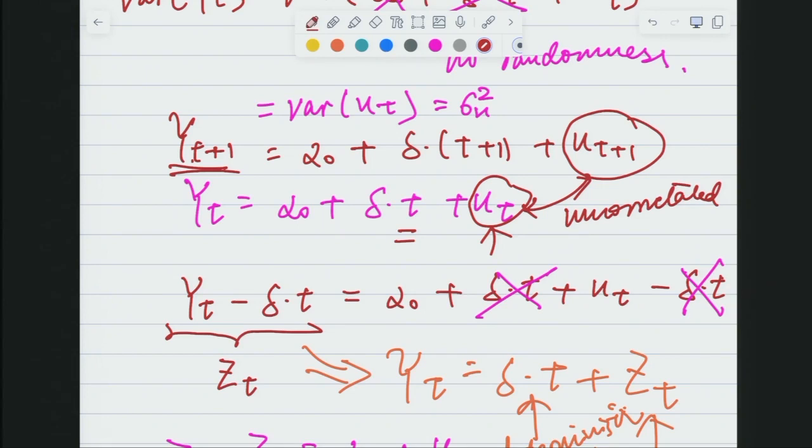So the shock will alter the stochastic trend series trajectory indefinitely. Okay, so shocks to a stochastic trend model have a permanent effect. Shocks to a deterministic trend only model have a transitory effect. So this is the difference between the two types of trends in time series.